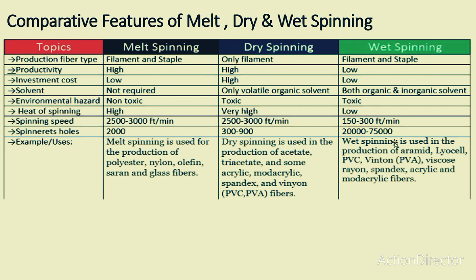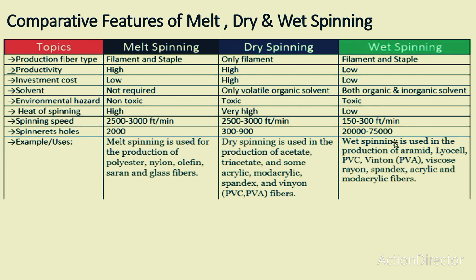Today we will discuss the comparative features of melt spinning, dry spinning, and wet spinning, and what their differences are. In the last videos we have individually discussed each of the features of these processes.